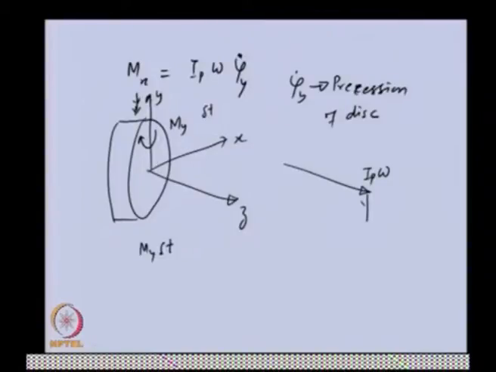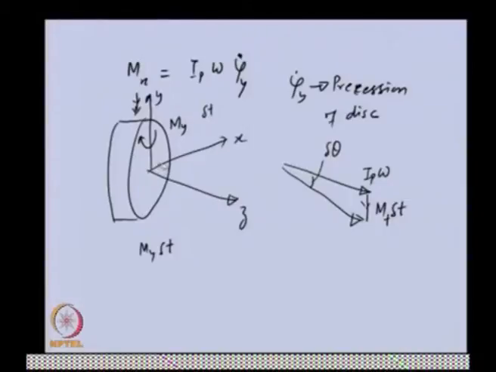To have equilibrium we need to close this angular momentum vector, and this angle is the precession or tilt of the disc about the x axis. Let us say this is delta theta.